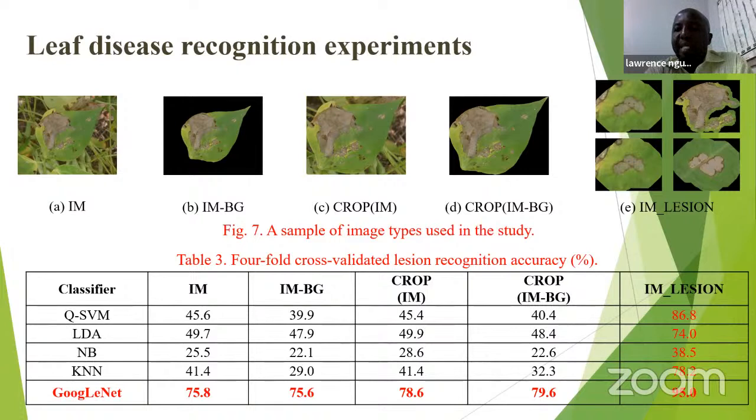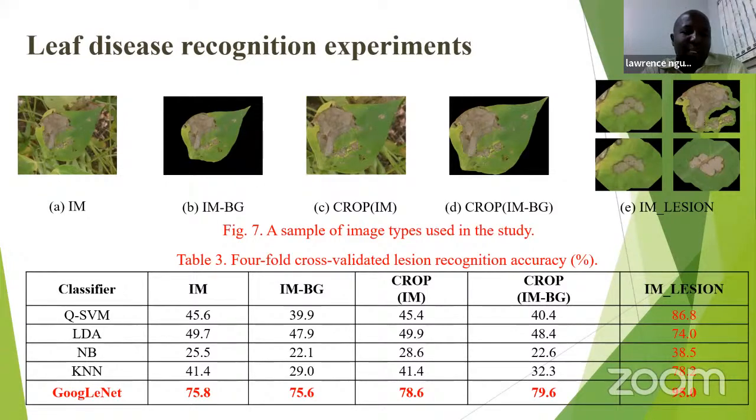And in part E, you could isolate the individual spots or lesions. And we find from the results of the preliminary study here in table 3 that regardless of the classifier, whether it is a shallow classifier or a deep learning classifier such as MobileNet, you attain higher recognition accuracy if you classify the individual lesions.